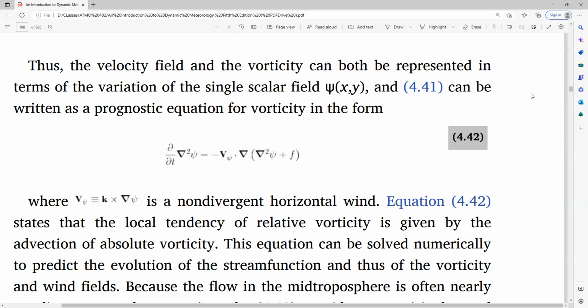Move to the north, you got to get anticyclonic vorticity. Move to the south, you got to get cyclonic vorticity, because relative vorticity plus planetary vorticity should be conserved. That's why you got to do it. That's the answer. You can answer it in 5 minutes.